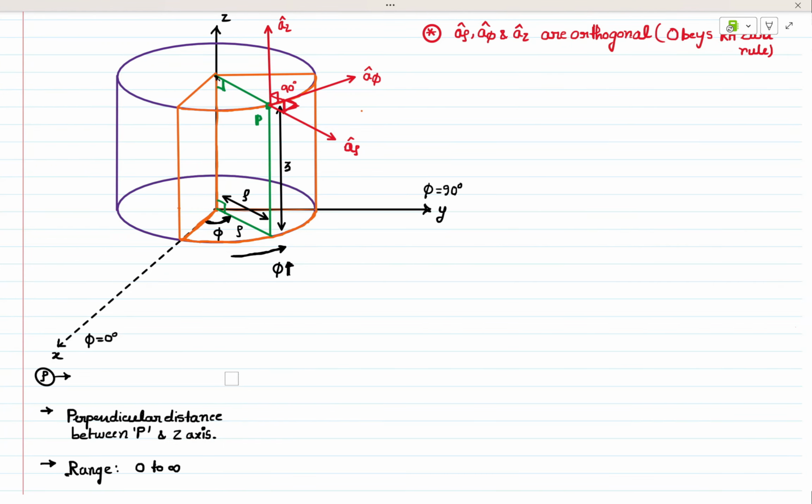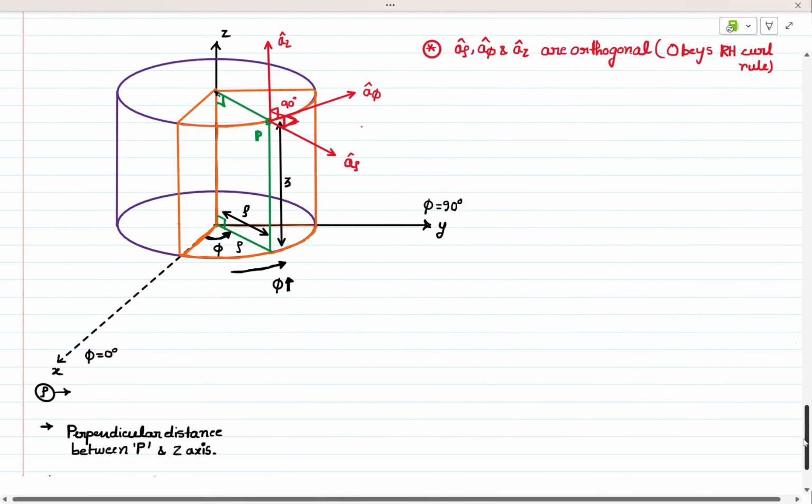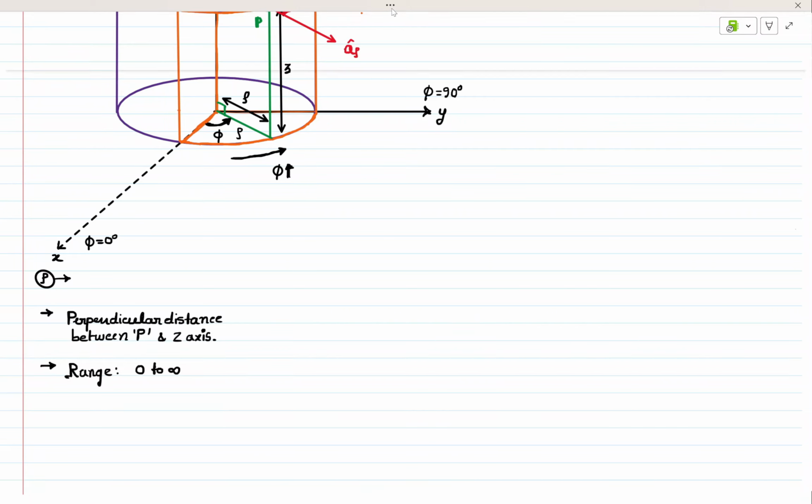So now let us see what is the phi. I have already told you what is the phi.